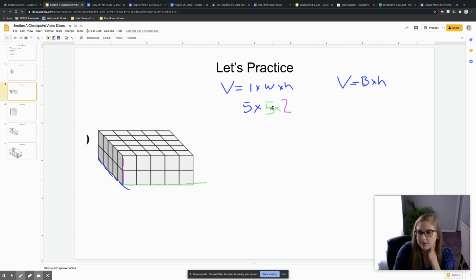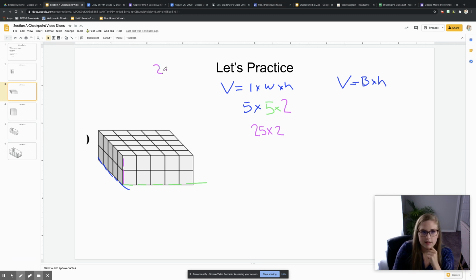So 5 times 5 is saying 5 groups of 5. So 5 plus 5 plus 5 plus 5 plus 5, which I know is 25, times 2. So this is saying 25 plus 25.